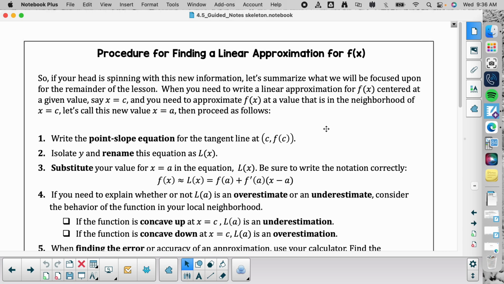For the third time this year, linear approximation. And I'm kind of half toying with the idea of not even doing this at all, because we've already done it twice as two full sections. This is the third full section of doing the same thing.